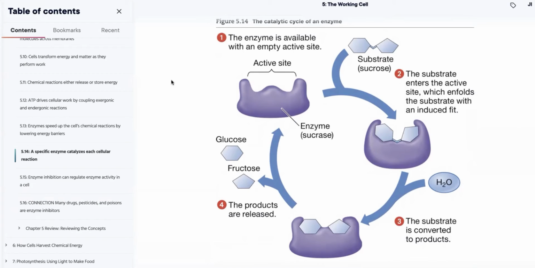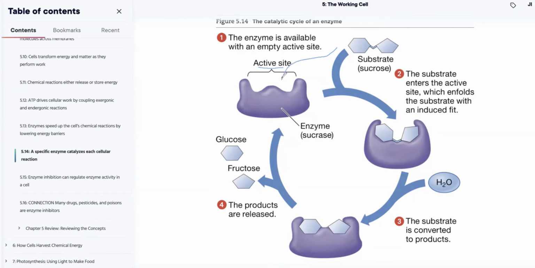Okay, and so what's going on here is that the enzyme, this is actually the same enzyme that we were talking about before, right? The enzyme sucrase has this really specific active site. It's a protein, and this is a specific structure on that protein that is able to bind to the substrate.